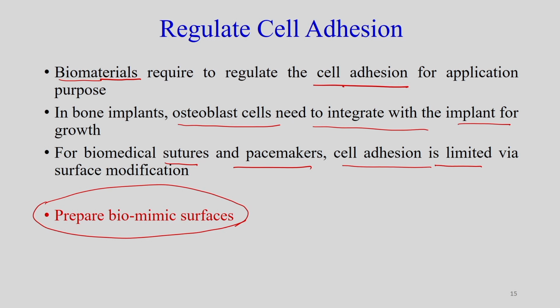So, particularly if you look at the bone surface, it promotes the attachment of the particular tissue, but at the same time it avoids the blood clotting, or you can say the biofouling. So, these are the ways for intended applications we prepare the biomimetic surfaces.